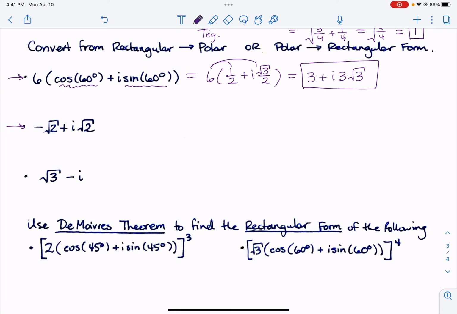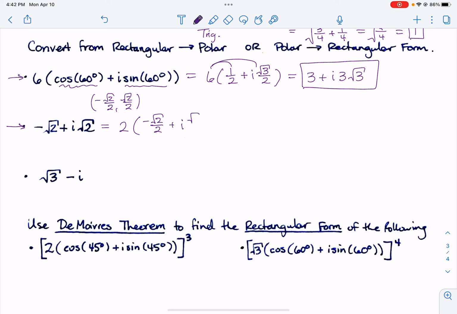Well, it reminds me of this coordinate on the unit circle, in the top left of the unit circle. And how do I get it to look like that? I basically just have to pull out a 2. Right, so I end up with this right here.